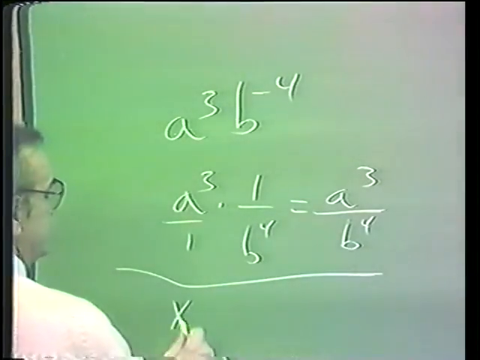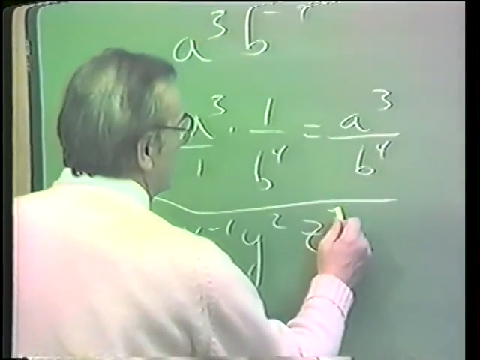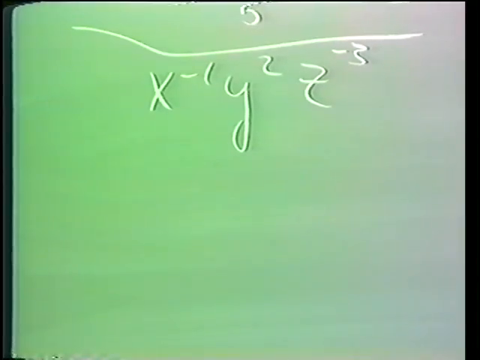Same instructions. X to the negative 1, y squared, z to the negative 3. I'd like you to write that as a single fraction without negative exponents.